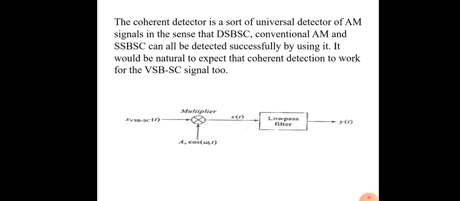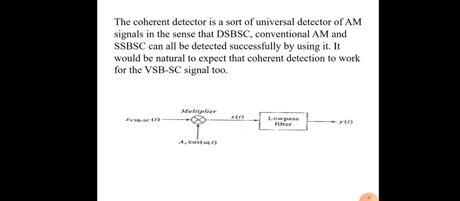That means the demodulation process. In our demodulation process, the input signal is the vestigial sideband suppressed carrier signal, and the output is the original message signal. The input of the demodulation process is s_VSB-SC of t, which enters into a multiplier. In the multiplier we add A_c cos omega c t, that means the carrier signal, and it provides the output x of t.